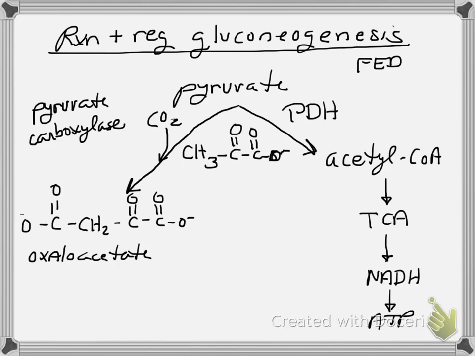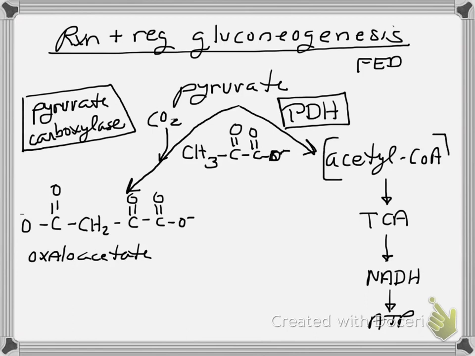Now the question becomes, what determines which enzyme is going to be used? Is it going to be pyruvate dehydrogenase or pyruvate carboxylase? This determination is dependent on the concentration of acetyl-CoA. Because recall, the pyruvate dehydrogenase enzyme is negatively regulated by acetyl-CoA concentrations. So this is a feedback inhibition of acetyl-CoA to inhibit pyruvate dehydrogenase and inhibit the conversion of pyruvate to acetyl-CoA.